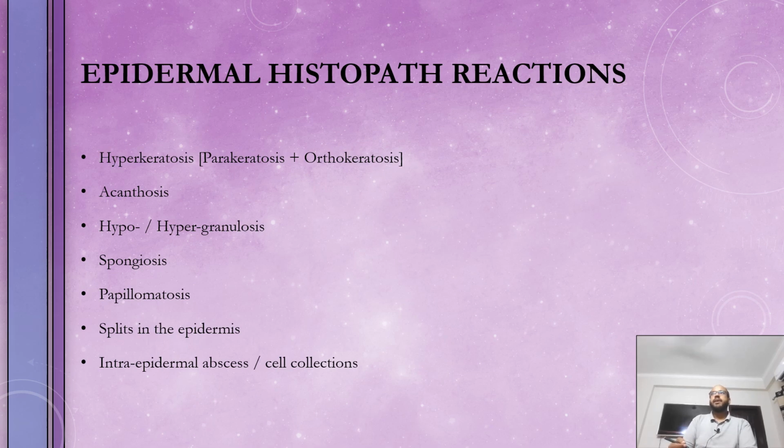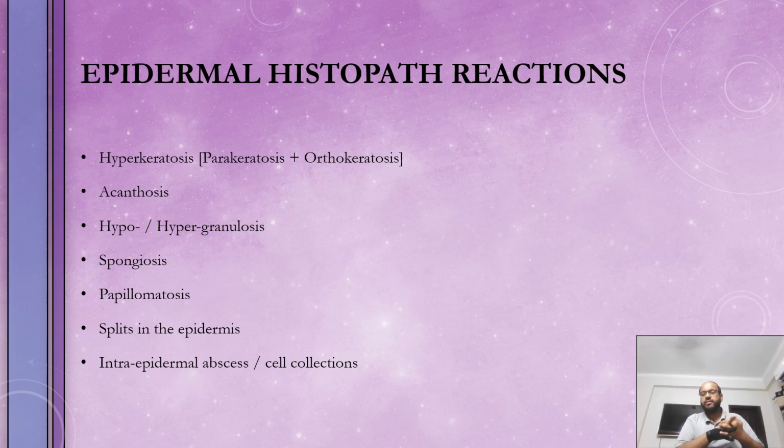So now we have gone through the normal appearances of the layers of epidermis. And when we have a bit of clarity about the normal appearance of epidermal layers, we can now gradually shift our focus to pathology of the epidermis and how it looks under a microscope. So in histopathology or in dermatopathology, we have entities known as reaction patterns.